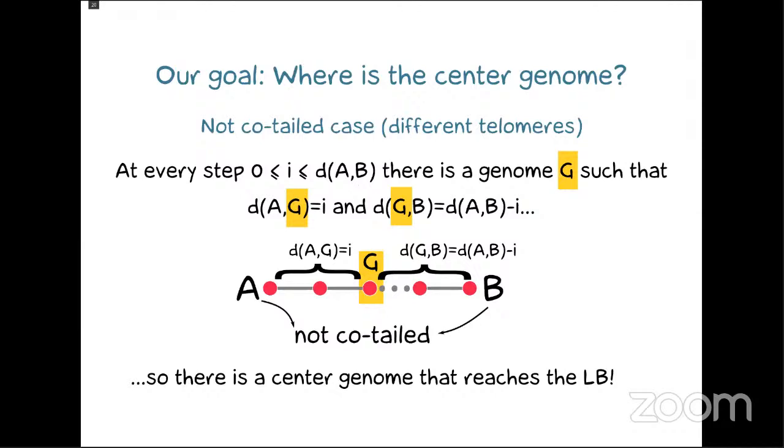So in this case, for each number I between 0 and the distance of AB, there is a genome that is at distance I from A and distance AB minus I from B. So for any given value between 0 and distance of AB, you can find a genome G which is in an optimal path between A and B, but also has distance exactly I from A. So then you can always find a center genome that reaches the lower bound because you can find it for any intermediate value.